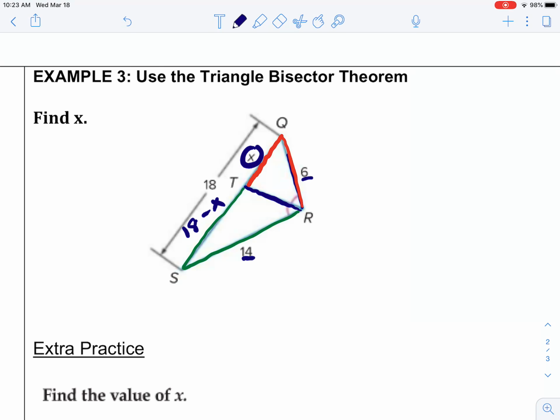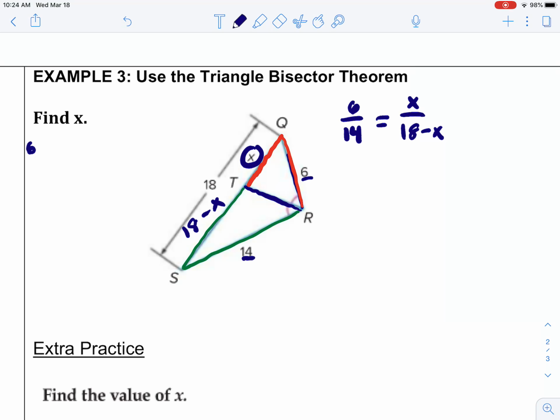Now let's put our ratio together. So what we're saying is, let's look at 6 over 14 is going to be equal to x over 18 minus x. And by the way, you could have set this up in a few different ways, actually corresponding with what I had said on the previous page.